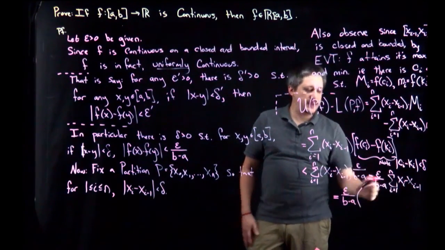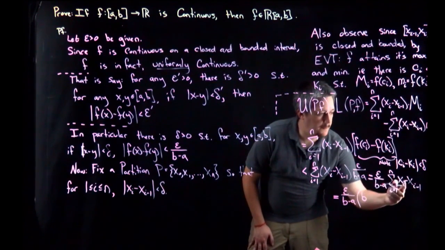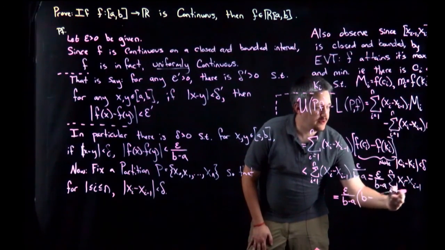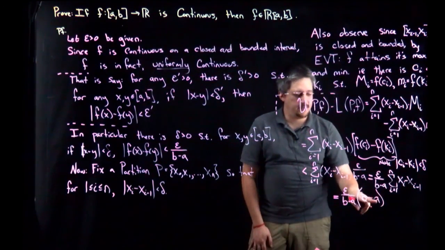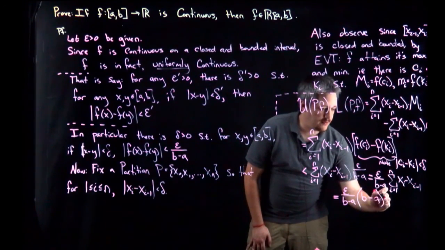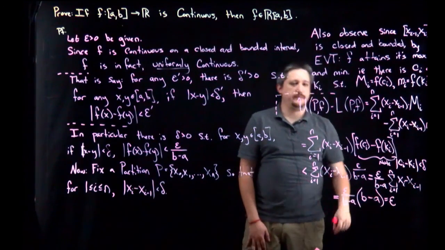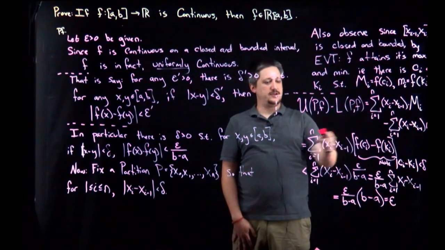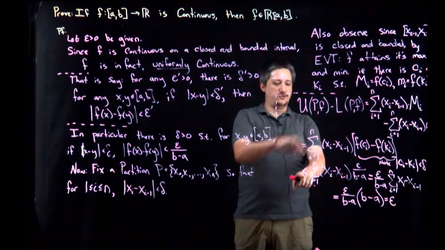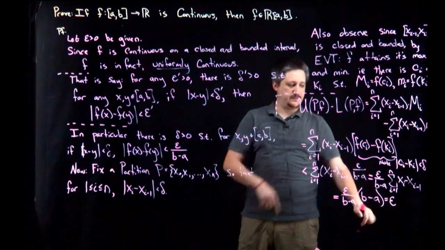So I'm going to have x_n, which is really b, minus x_0, which is a. But then b minus a cancels the b minus a, and that's epsilon. So I have my upper minus lower less than epsilon.